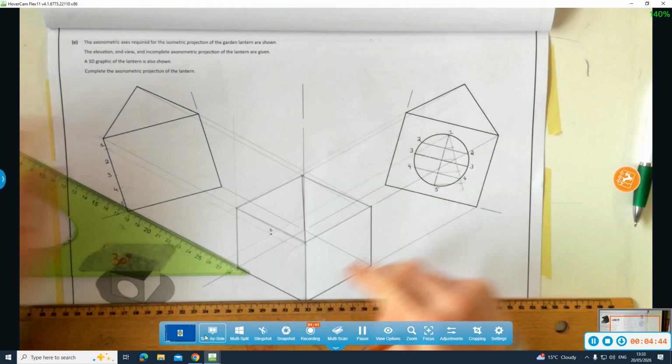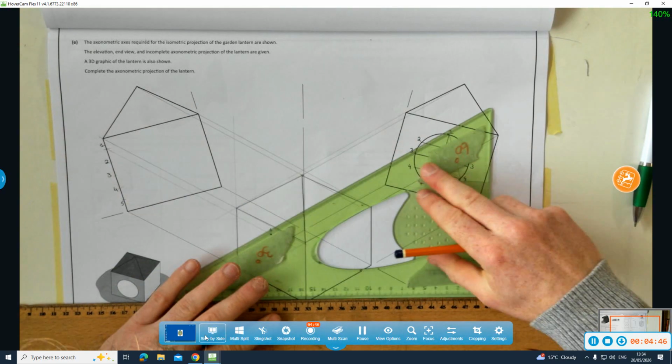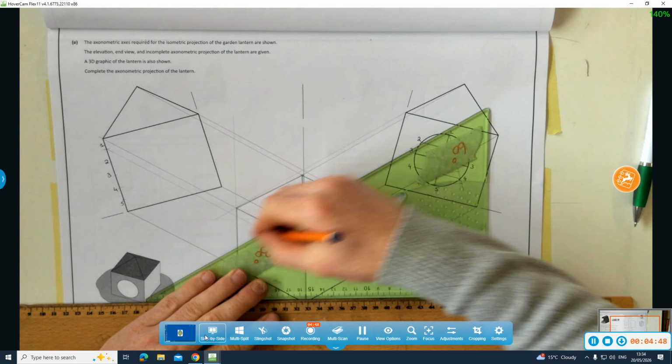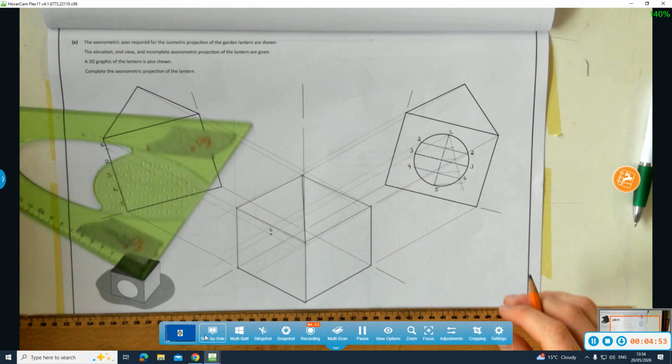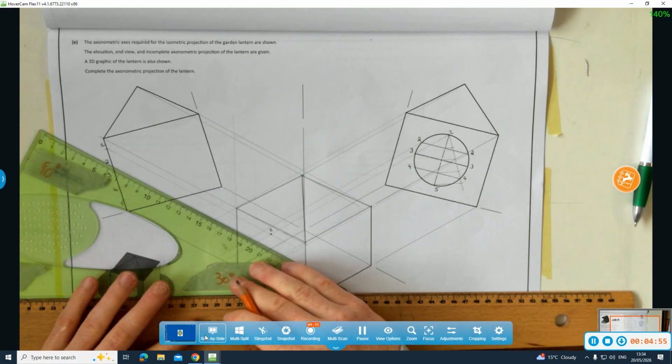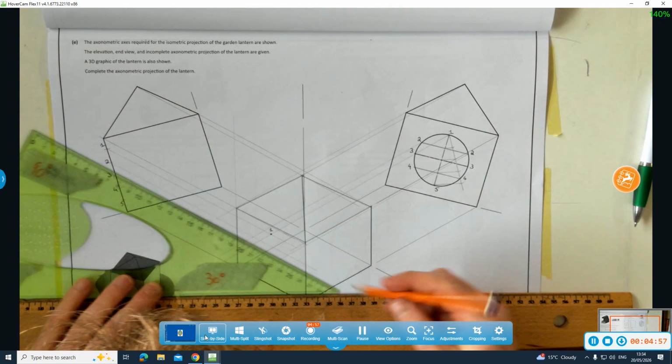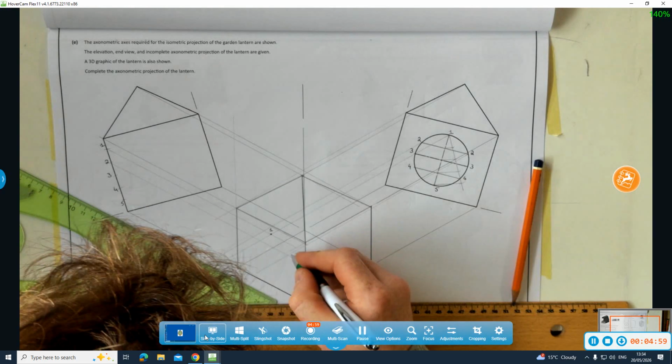Exact same with the points of 2. So number 2 here, 2 then brought down 30 degrees, and number 2 here then brought down 30 degrees.